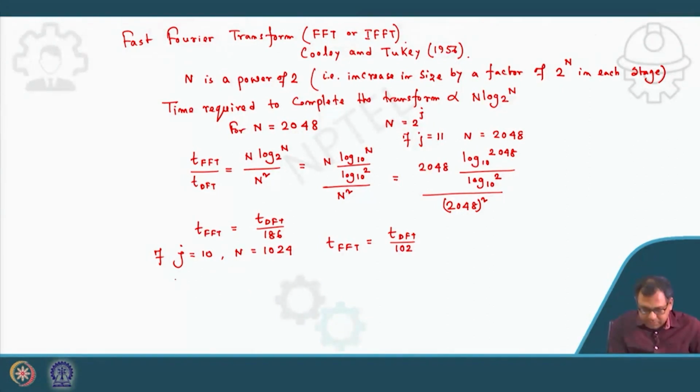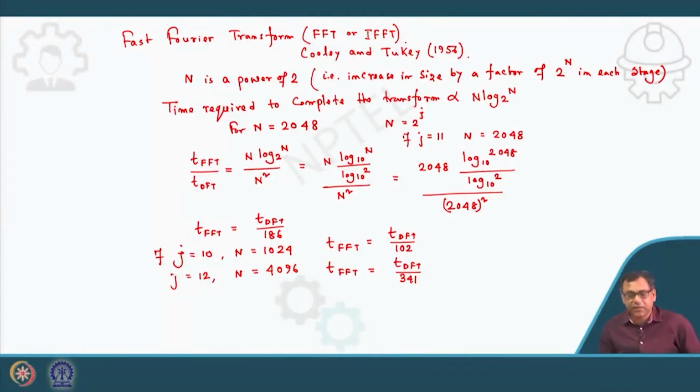And for j equal to 12, n will be equal to 4096, then T FFT will be equal to T DFT divided by 341. So in that case it is around 340 times faster.